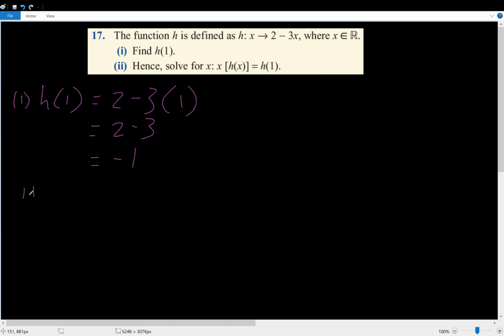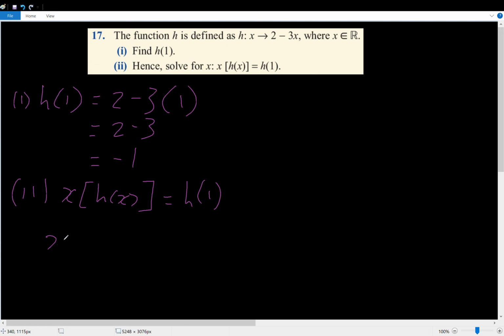Now for part 2, we've got an equation, and that equation is x times h of x is equal to h of 1. So now we can start substituting things that we know. We know what h of x is because it's given in the question.